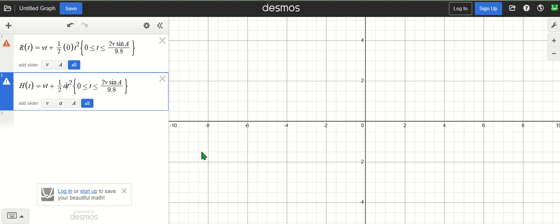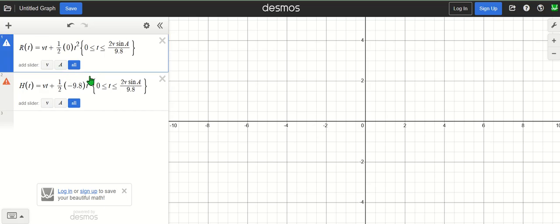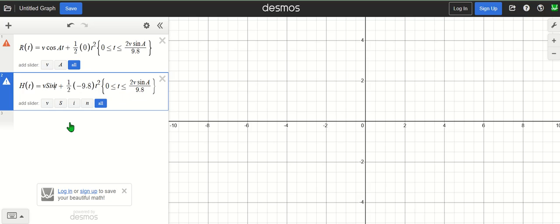So I'm going to get rid of A, and I'm going to put negative 9.8. And one more thing that I need to do is come up here, and my velocity is going to be just my horizontal velocity, so cosine of my angle. And right here, I'm going to put that this one is the sine of my angle. Make sure you put it in lowercase.